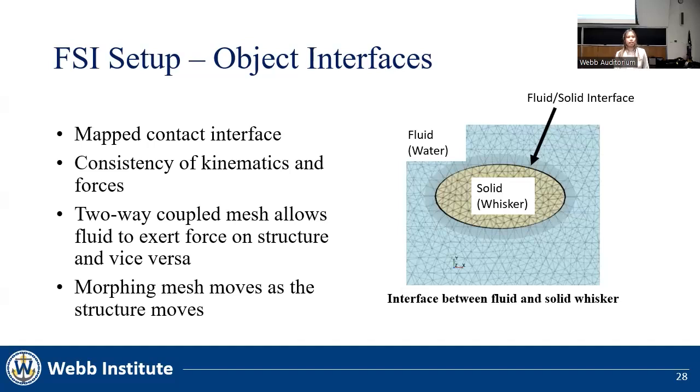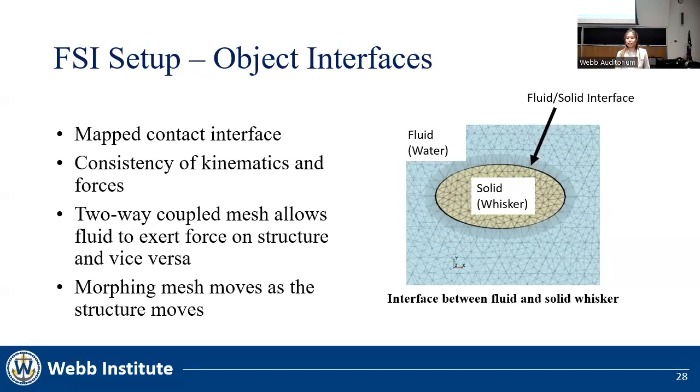In a 2-way coupled FSI simulation, the consistency of kinematics and forces stipulates that the corresponding fluid and solid particles at the coupled interface move with the same kinematics, that is, the same position, velocity, and acceleration, and that they experience the same forces. The 2-way coupled mesh adheres to the consistency of kinematics and forces.